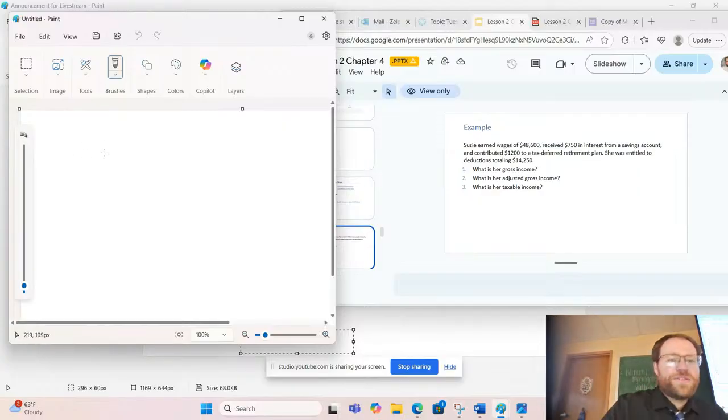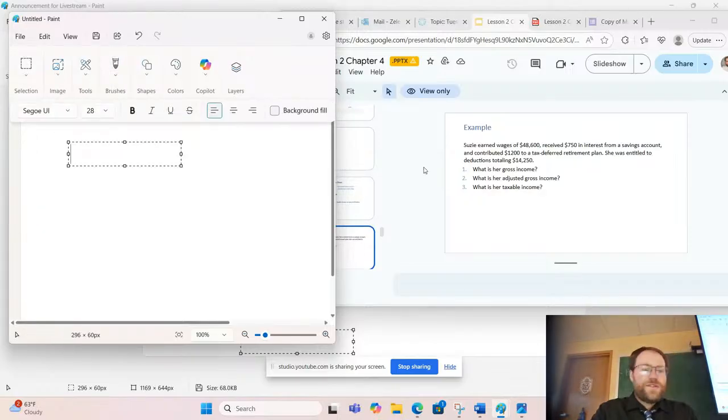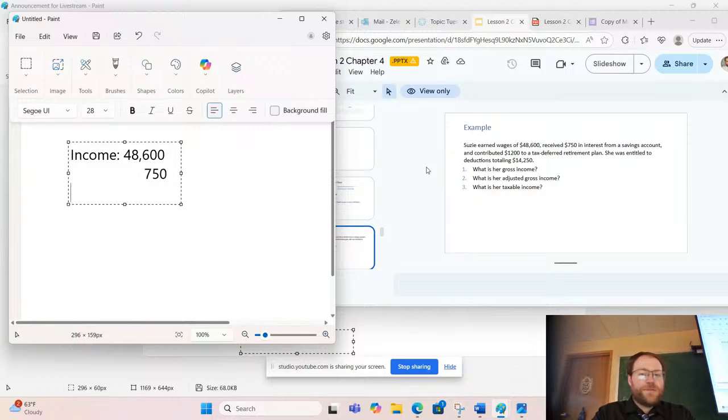So in other words, she made $48,600. What else did she get? $750 from interest.